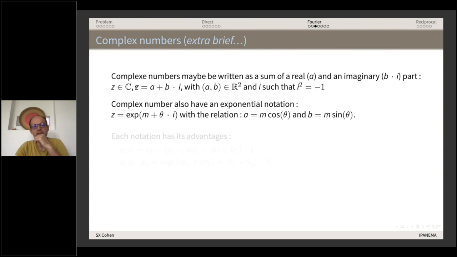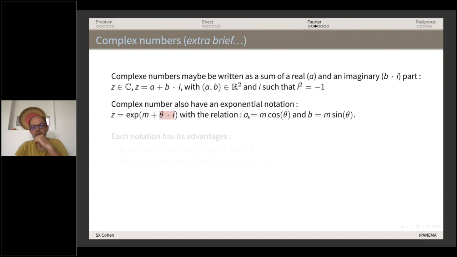Okay, so this is one notation of a complex number. There is another notation, which is called the exponential notation of a complex number, which states that we can write it as z equals the exponential of m plus theta i. Here you have a real number, and this is a purely imaginary number, because theta is real, so theta i is purely imaginary.